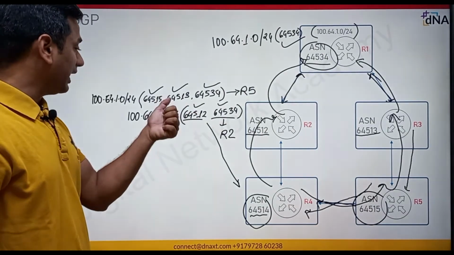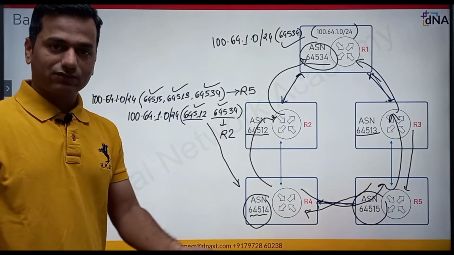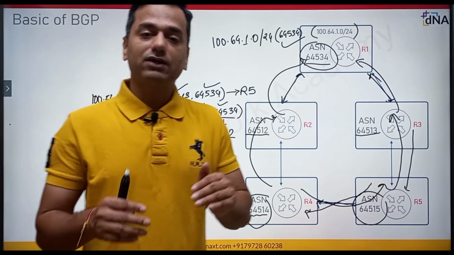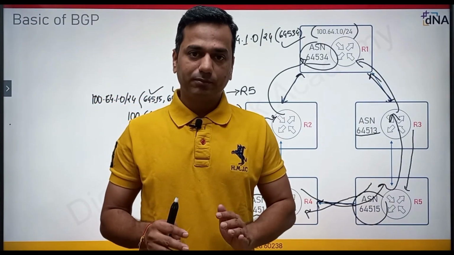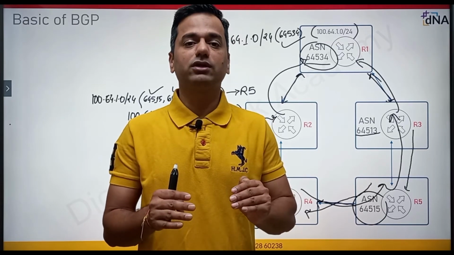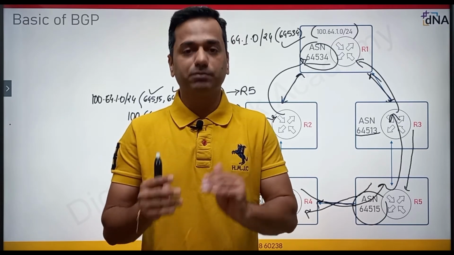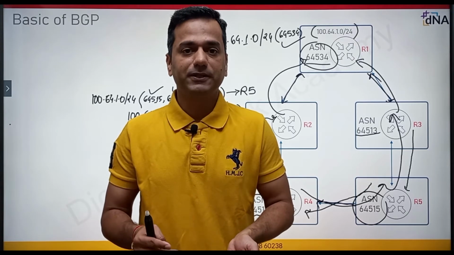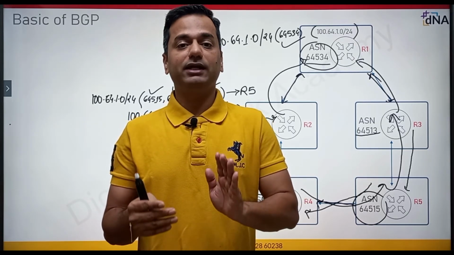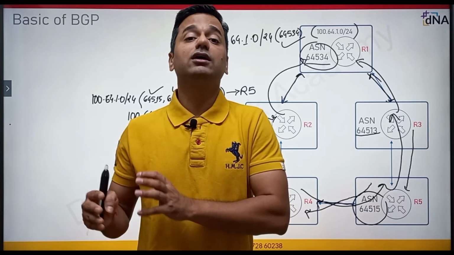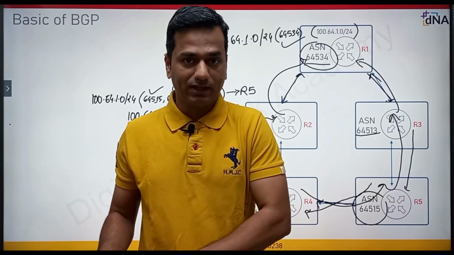But what will happen with the route received from R5? Definitely this R5 route will be installed into the BGP RIB. Both routes will be installed in the BGP RIB, the routing information base. We'll discuss that at a later stage. But the best path will be selected by BGP and that will get installed into the actual forwarding table.